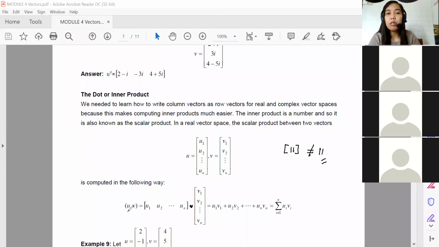Laging yung una, if we're asked to find the dot product of uv, u transpose your u, and then multiply it by column vector by your v. Okay? Diba ang ginagawa natin, u sub 1 multiply by v sub 1 plus u sub 2, v sub 2, up to u sub n multiply by v sub n. This is also the same with this. That is the summation of u sub i, v sub i from 1 up to n. Okay? So let's try example.